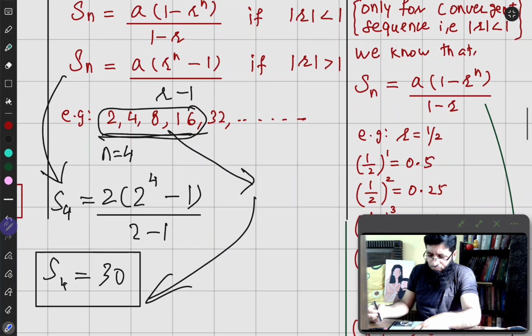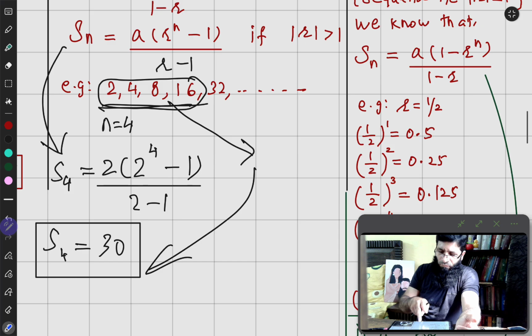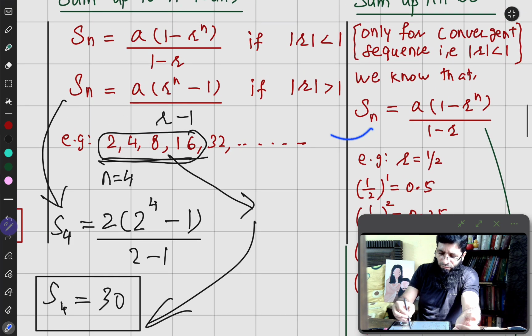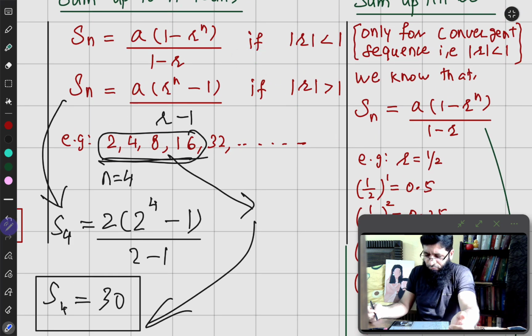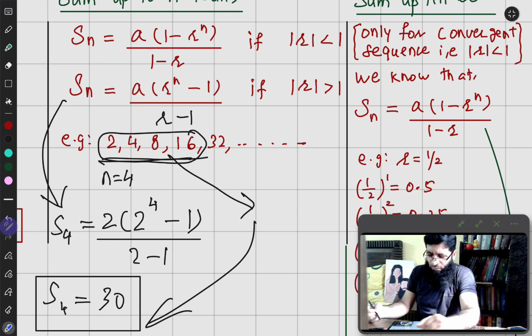All right, we have seen this expression for the sum up till n terms from here, and in case of a convergent sequence, you can see that the absolute value of r is always less than 1.